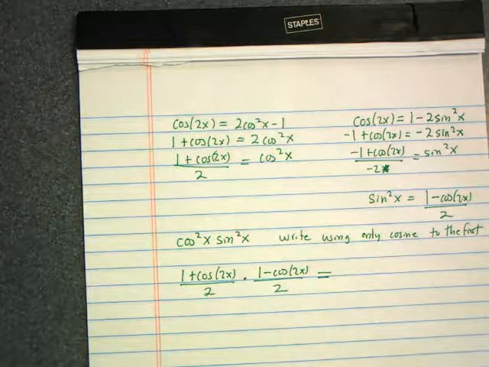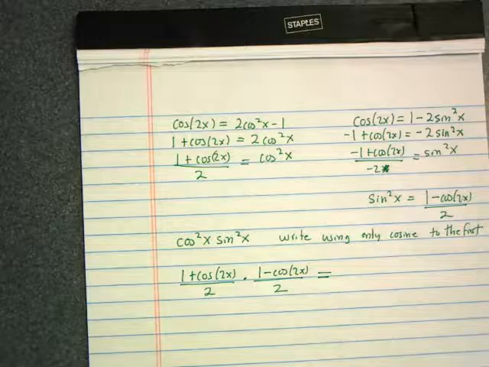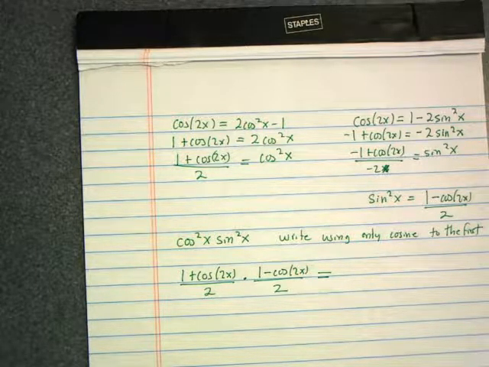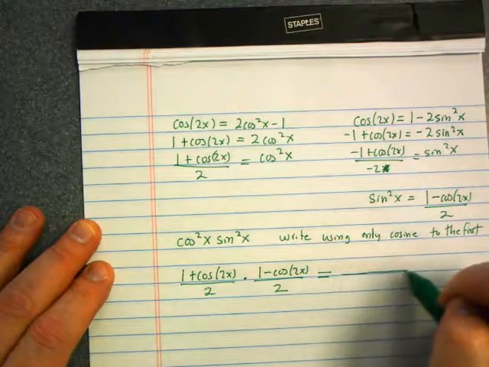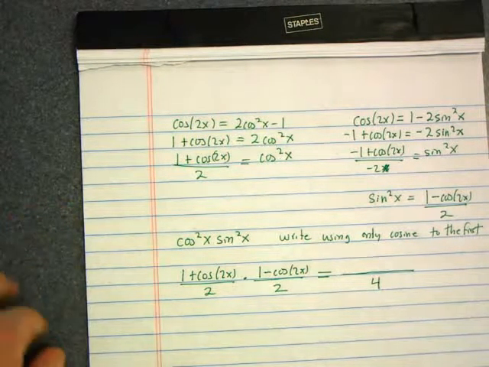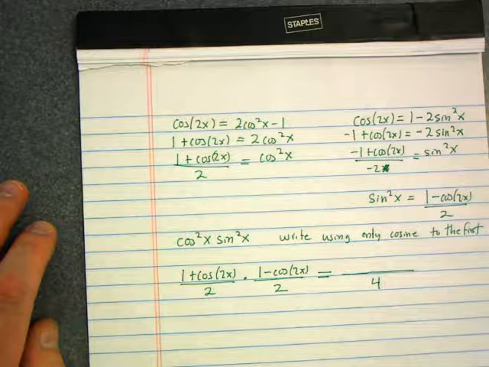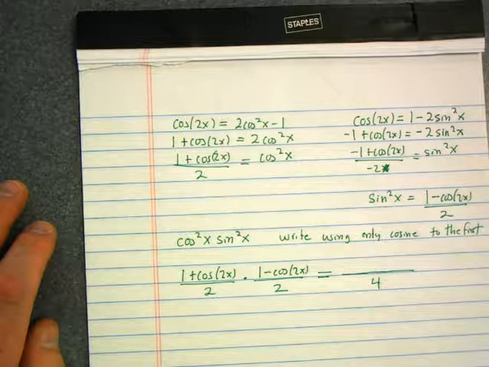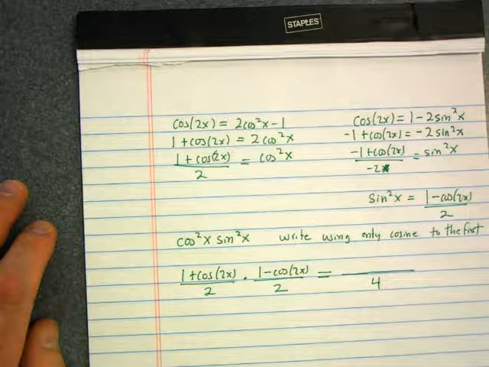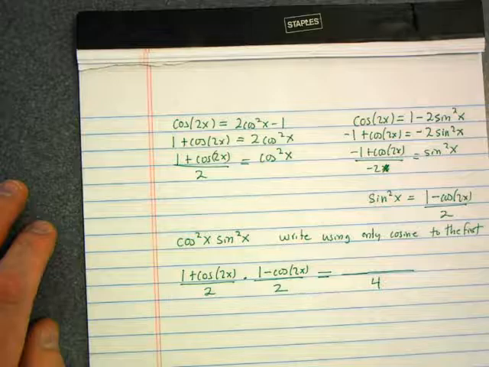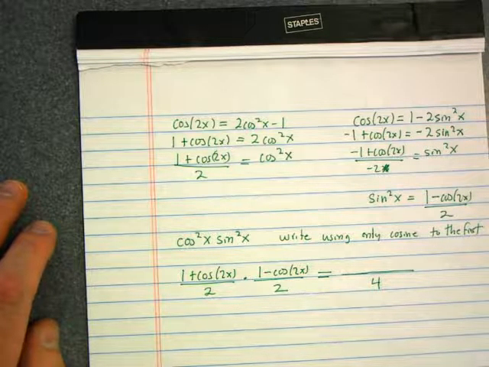And then what might you do with those? Multiply them together. When you multiply the bottoms, you get 4. What do you get when you multiply the tops? You don't get cosine squared, you get 1 minus cosine squared 2x.